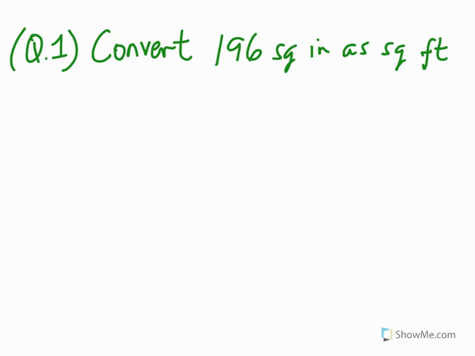So if you look at the original quantity, we have 3 significant digits. So whatever we get as our answer, we have to round it to 3 significant digits.